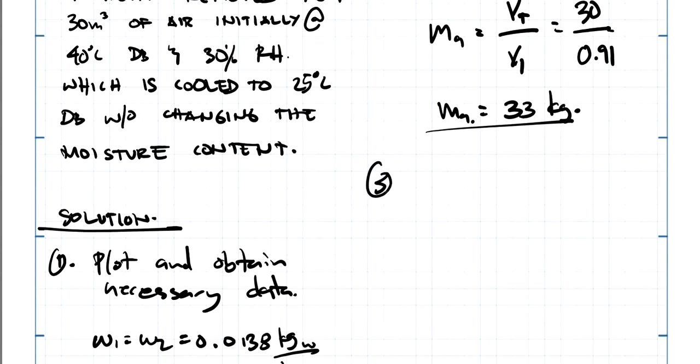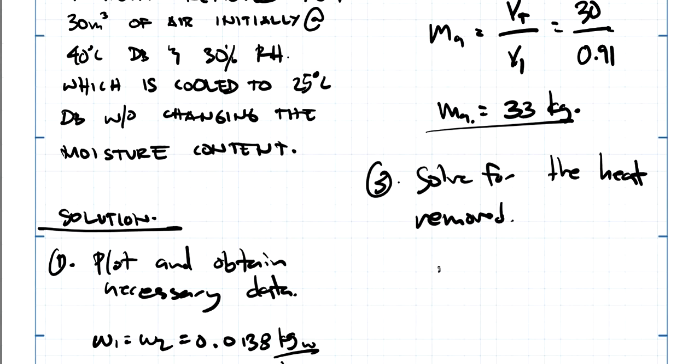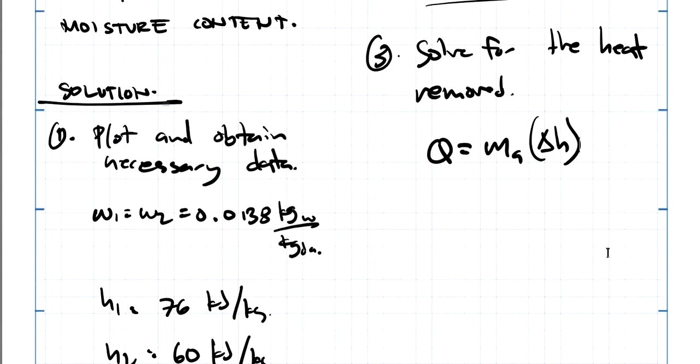And now we can solve for the heat removed. Q is equal to MA times delta H. Take note, this is heat removed, so it's going to be negative, but the magnitude is the same.